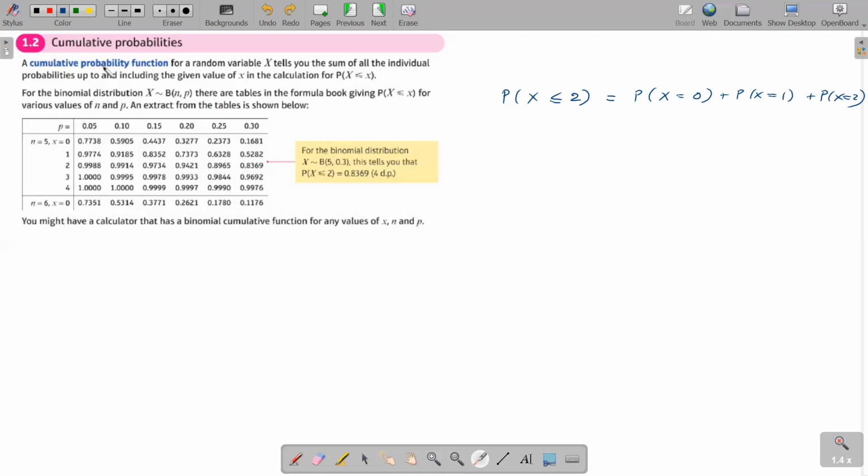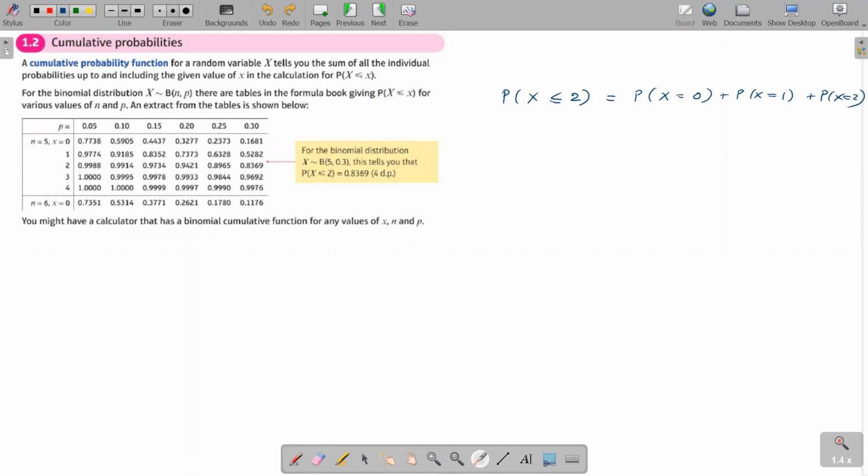These tables are provided to you in the formula book as well as in the back of your S2 book. They have extracted a part of this table here for you to see how these tables actually work. So for the binomial distribution, X follows a binomial distribution with number of trials n and probability of success p, there are tables in the formula book giving the probability.